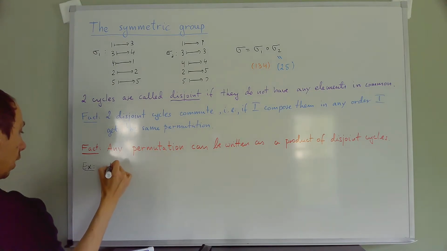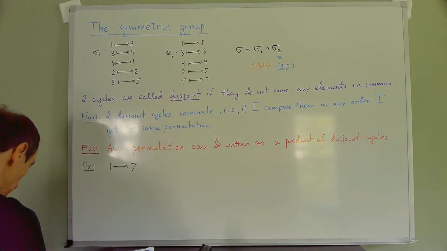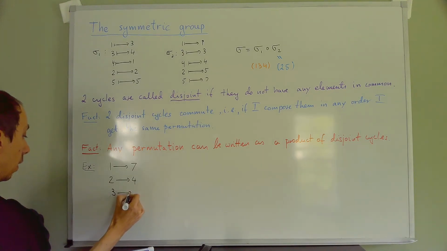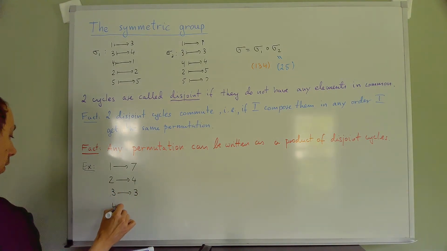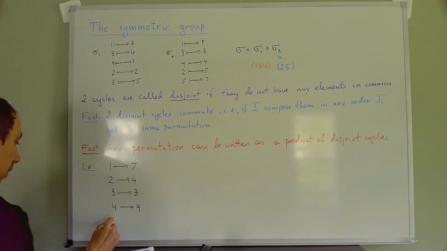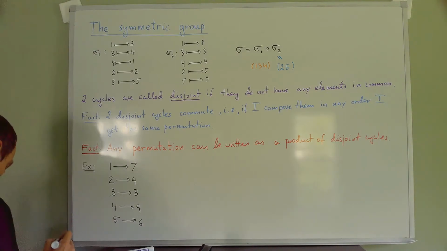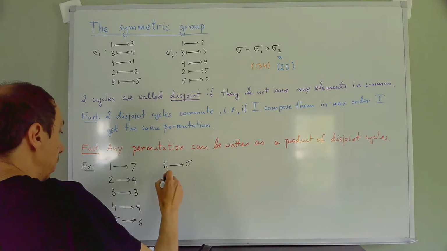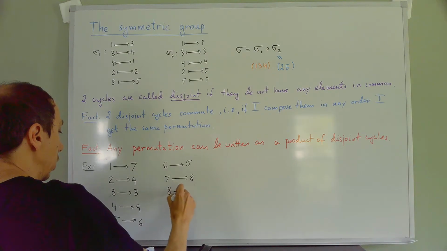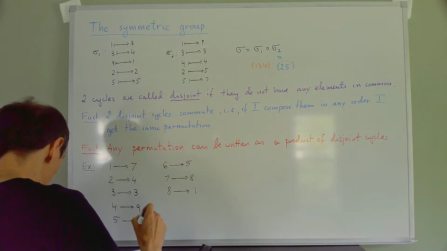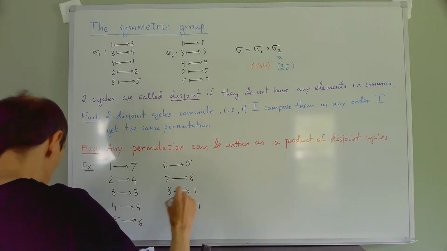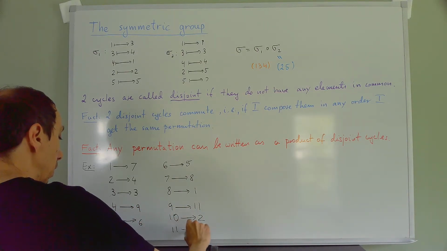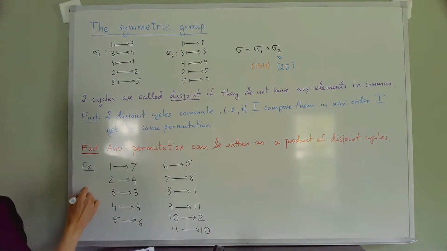I wanted to make it somewhat complicated, so there are going to be lots of these numbers. 1 goes to 7, 2 goes to 4, 3 goes to 3, 4 goes to 9, 5 goes to 6, 6 goes to 5, 7 goes to 8, 8 goes to 1, 9 goes to 11, 10 goes to 2, and 11 goes to 10. Okay, so that's my sigma.